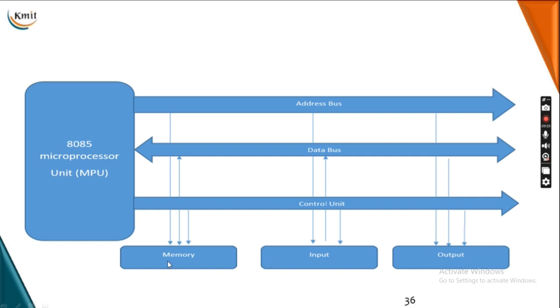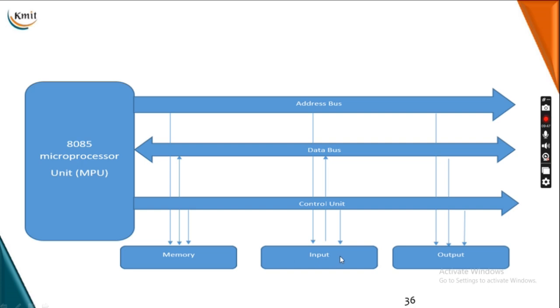Think about it: from memory, we can take the data, write the data, take the address of the data that needs to be fetched, and send the control signals to send the data. Input will be giving the data.